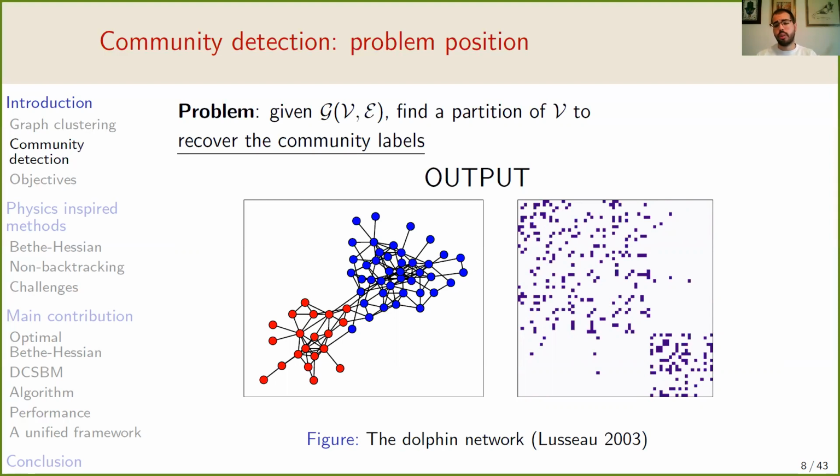And on the right, we have the same adjacency matrix in a basis so that nodes that are in the same community are close to one another. And we can clearly see that nodes in the same community interact much more often than nodes across communities. So this is the basic idea behind community detection.